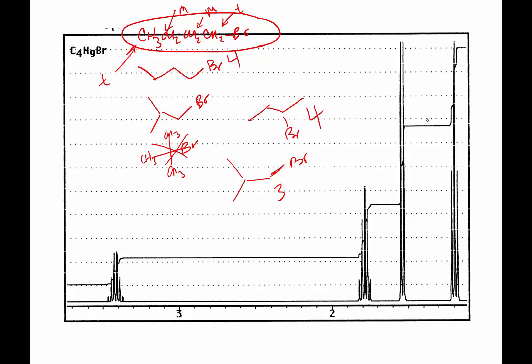That means it's in between 2 non-equivalent groups. The CH2 is a multiplet. It's in between 2 non-equivalent groups. The CH3, that's a doublet, is next to the CH. It's a doublet. It's next to the CH. The other methyl group is a triplet. It's next to the CH2.